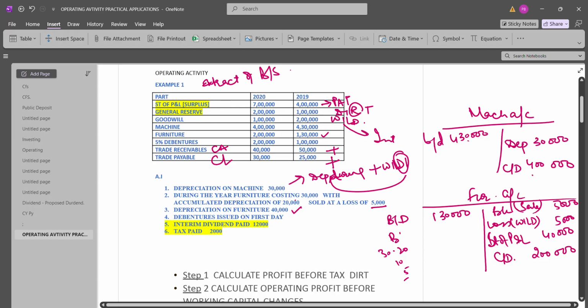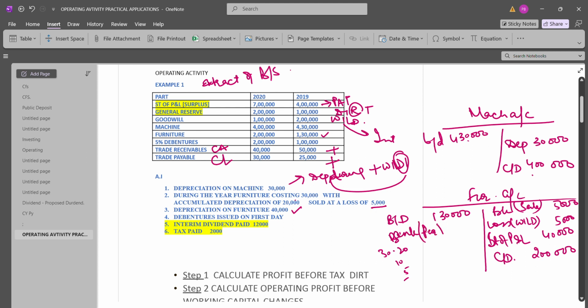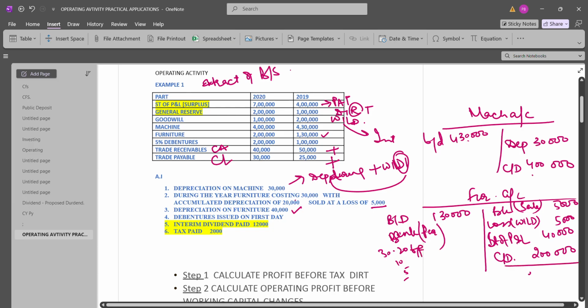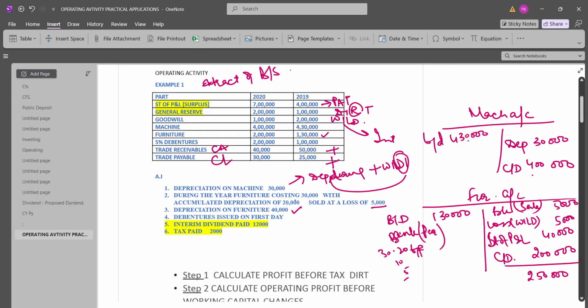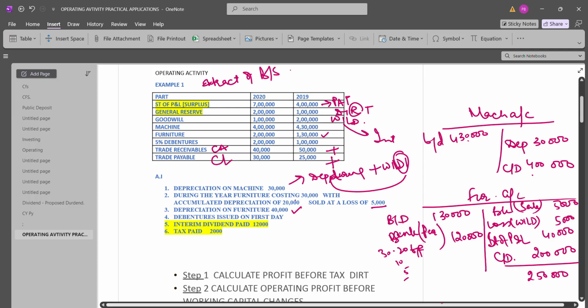If we are asked for investing activity, we will get the bank balancing figure, which will be the amount of purchase. So let's see the amount here. This is 2,50,000 minus 1,30,000 is the amount of purchase. 2,50,000 minus 1,50,000... 150 minus 30 is 120, the amount of purchase if asked.